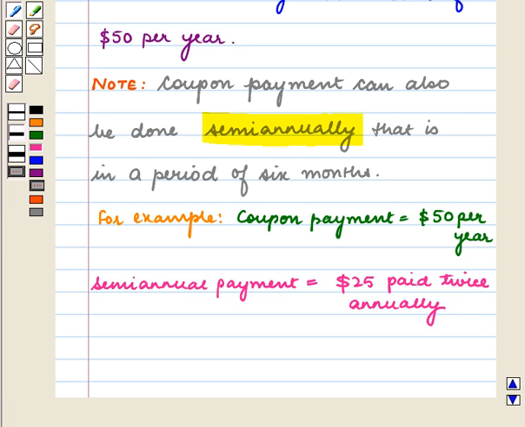That is, one payment of $25 and after 6 months another payment of $25.